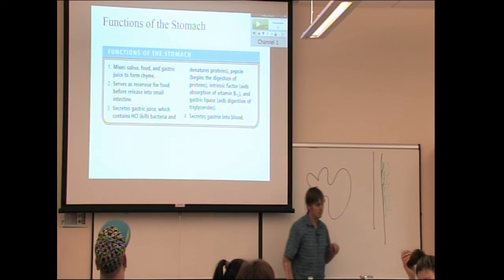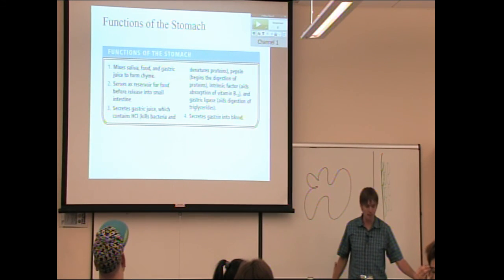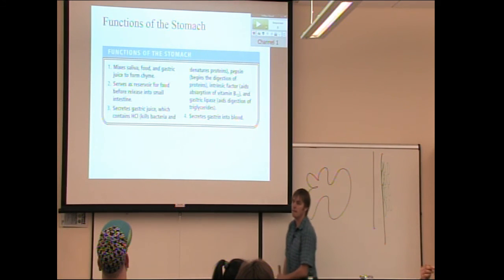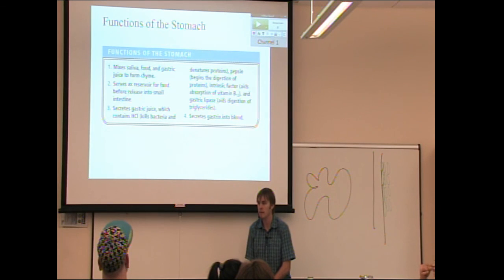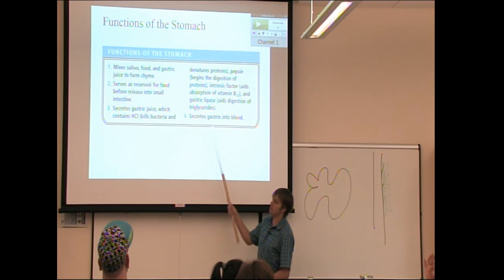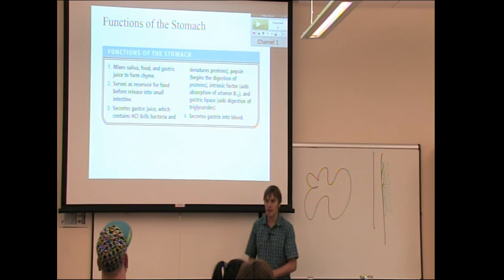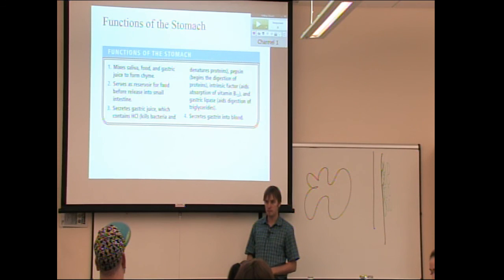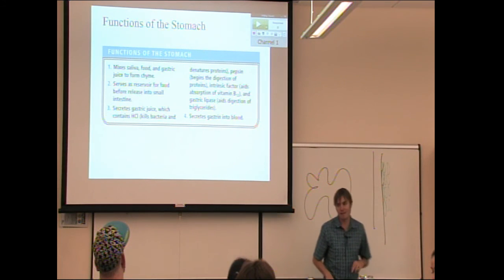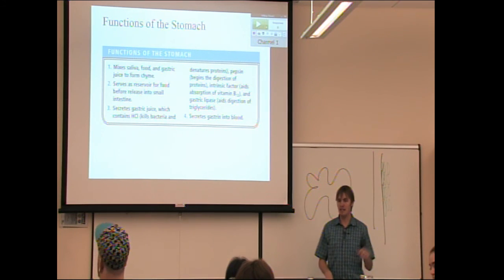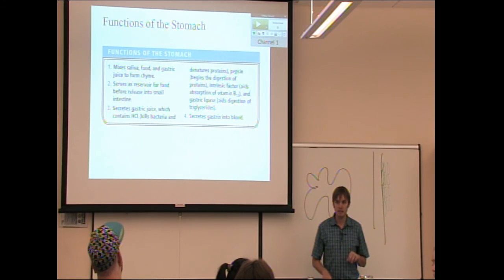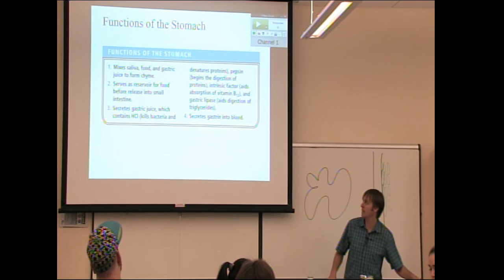So that's the first step of digestion. We're going to talk about gastrin next time. We're going to talk about 3 main hormones that regulate how all these systems work, because obviously you want to make the right amount of HCl and squeeze the food the right amount and everything. But we're going to talk about that next time.